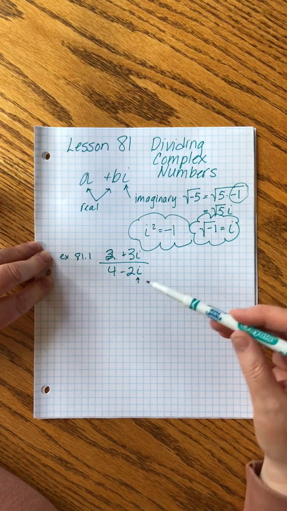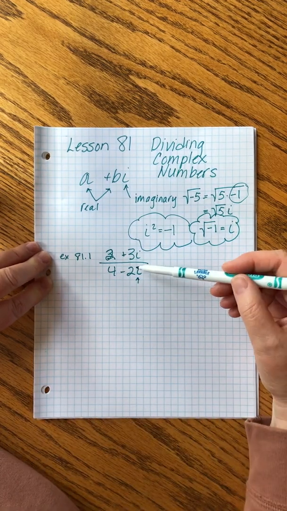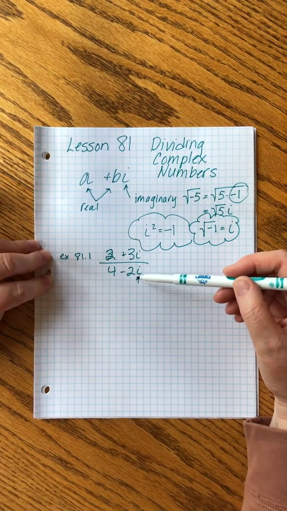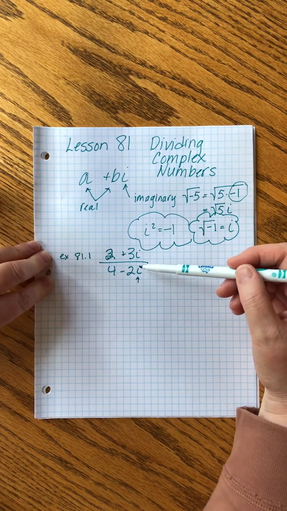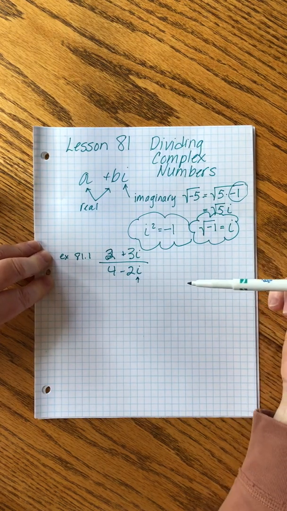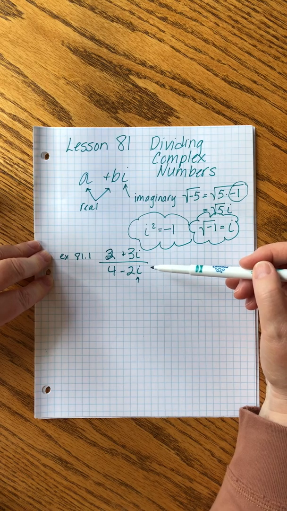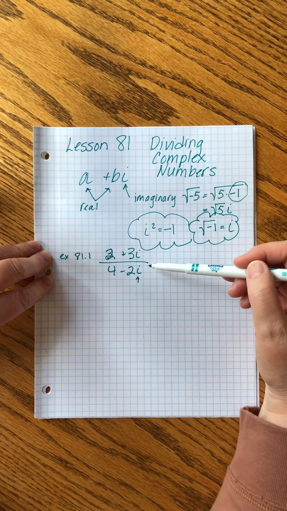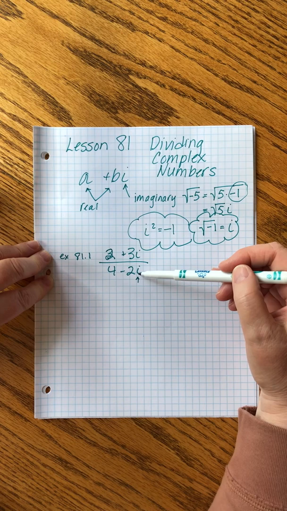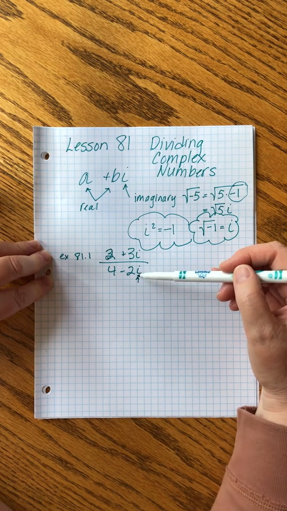Just like radical signs, we don't like them there. We want our denominator to always be a nice rational number. So when we see a problem like this, we're not truly going to divide it, but we are going to simplify it, or the way my brain thinks of it, we're going to clean it up because we don't want that i down here. Just like we don't want square roots in the bottom.